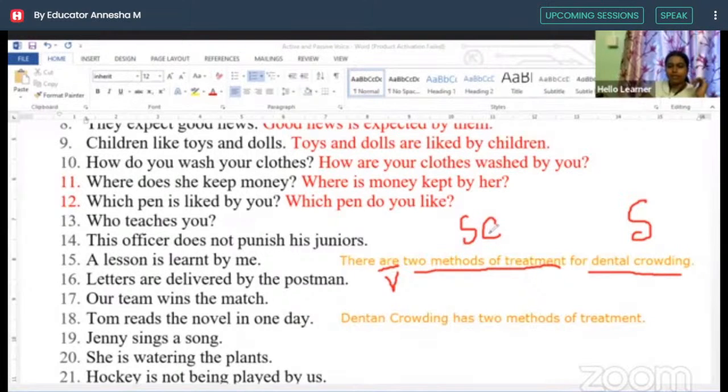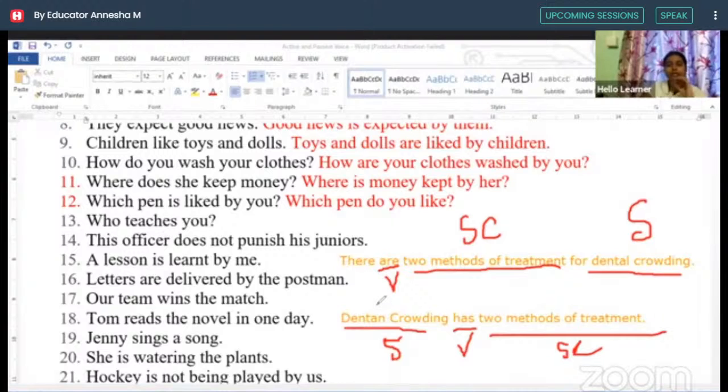In one of the sentences, the subject is coming at the end. It is also called a delayed subject, right? And here, dental crowding is the subject that is coming at the very beginning. Then we have has, that is working as the linking verb, and then two methods of treatment is our subject complement. Understood? So in sentences, it can be done that the subject comes at the end.